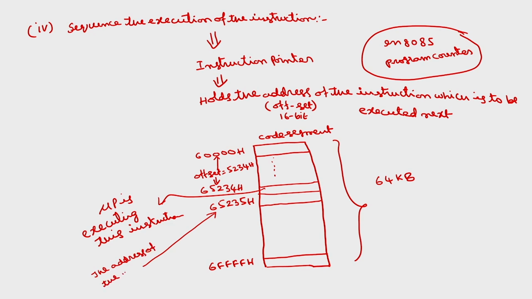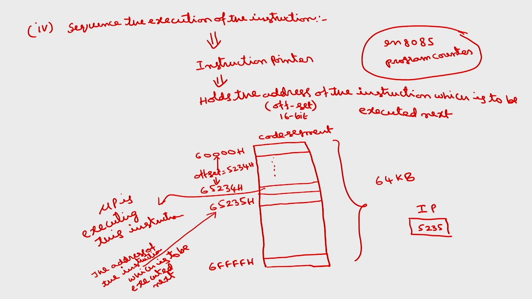Now, the offset from here to here is 5235H. Then the instruction pointer points to that offset address, 5235H. So, the instruction pointer always holds the offset address of the instruction which is to be executed next.